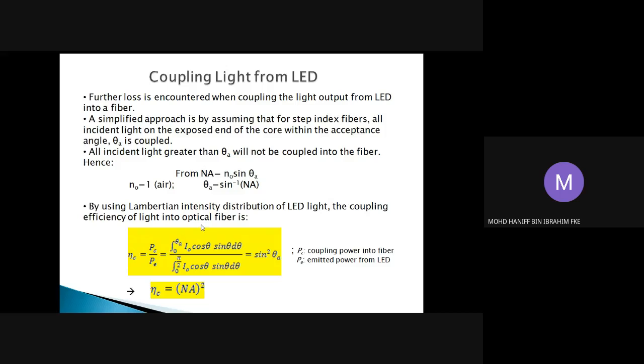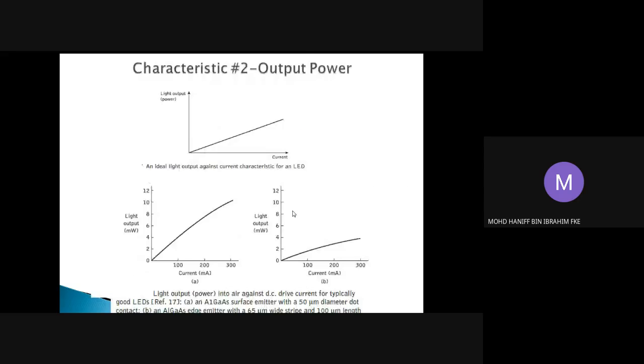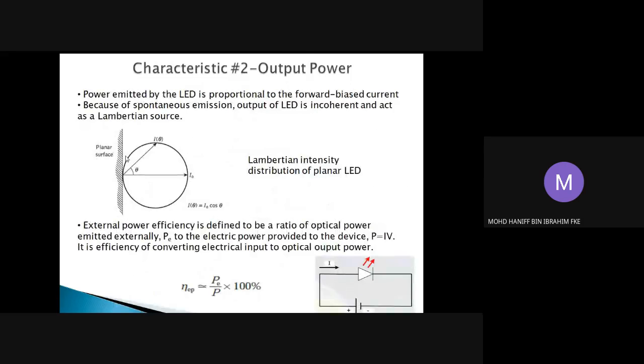Now we can calculate the coupling efficiency for the light coupled to the fiber optics by using this equation. We can use a Lambertian intensity distribution. If you can recall, refer back to the previous slide on the output power. We know that the light distribution from the LED is said to follow this Lambertian intensity distribution, I naught cos theta.